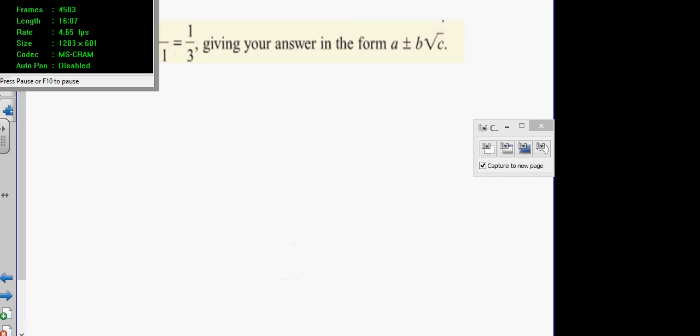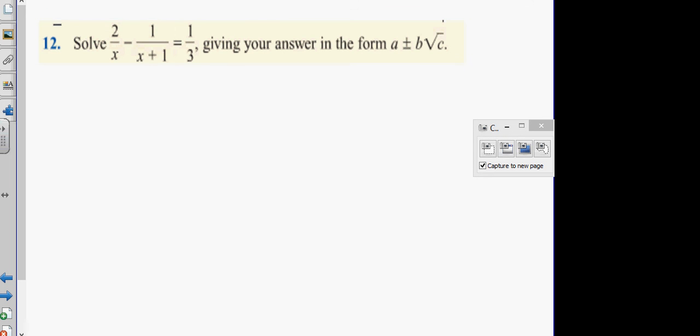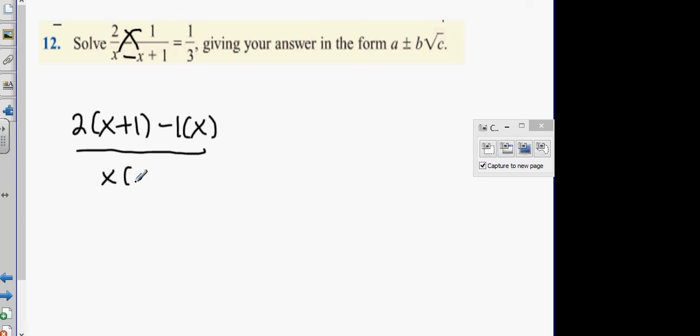Last year, I would have taught you the three lines for this side, okay? So you can say 2 times x plus 1 minus 1 times x all over x times x plus 1 equals 1 over 3. I would have asked you to multiply out the bottom.